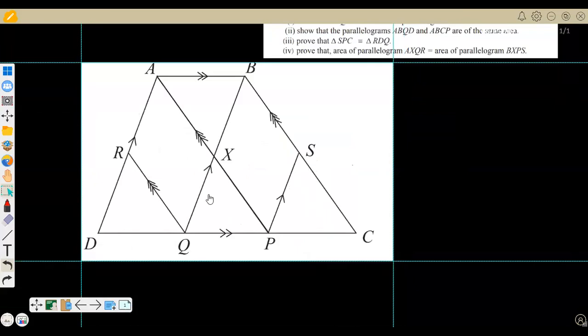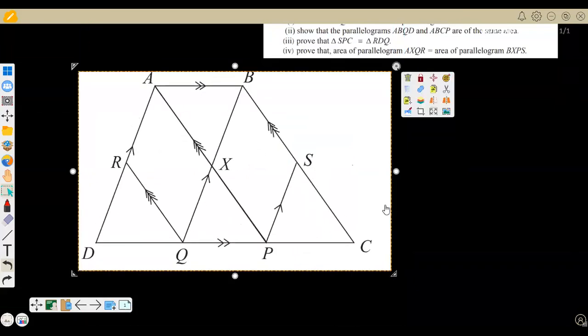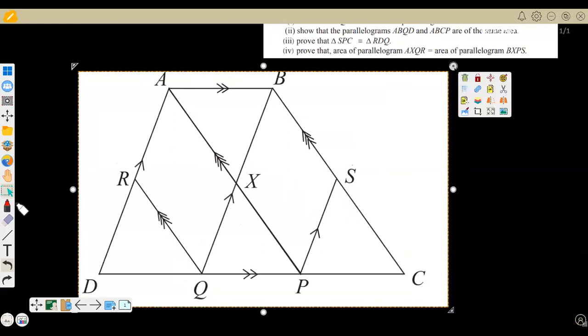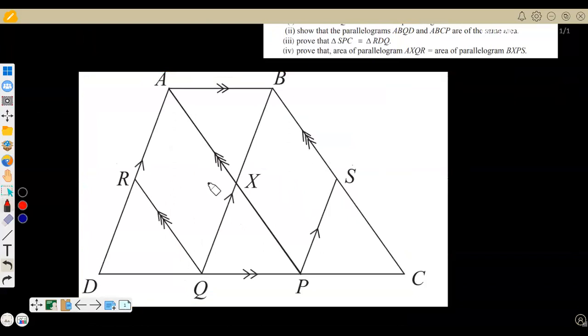බලන්න මම ඩයග්‍රෑම් එක ගන්නවා මෙන්න මේ විදිහට. දැන් බලන්න දැන් ඕගොල්ලෝ ඇත්තට මේ ඩයග්‍රෑම් එක ඕගොල්ලෝ ආයෙ අඳ ගන්නවා නම් ඒත් හොඳයි. බලන්න parallelogram AXQR.